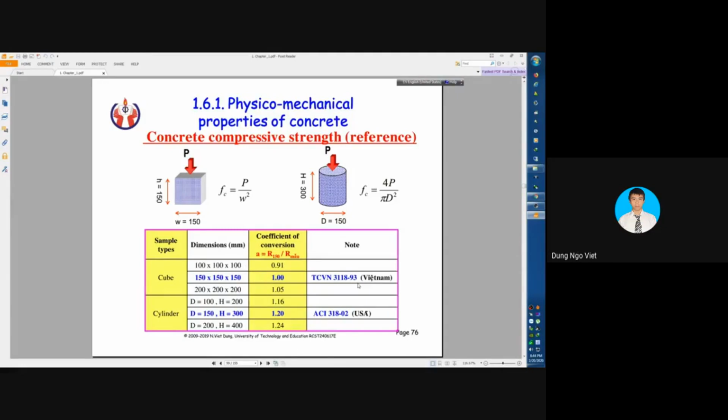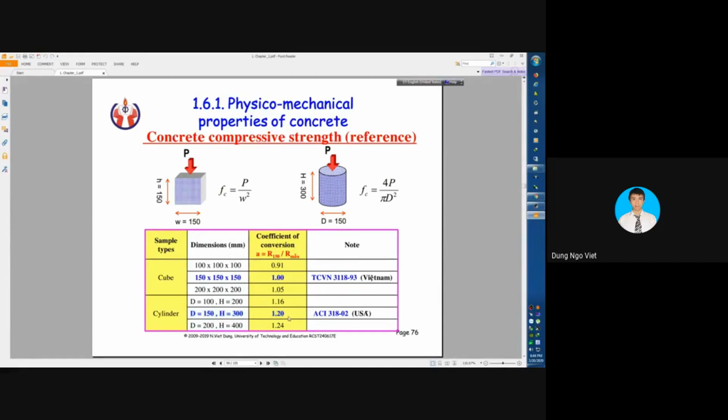For foreign standards, for example, the United States ACI 318-02, they use this sample. This is the standard sample for the ACI.